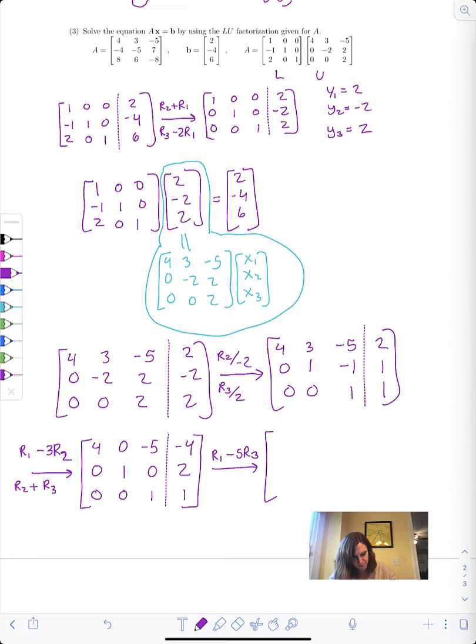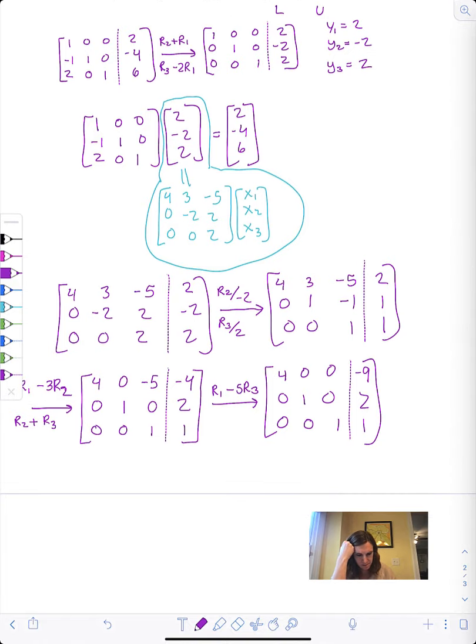And so let's go ahead and write down row, oops. Okay, so rows 2 and 3 are set. So now we do row 1 minus 5 row 3. So we have negative 4 minus 5 is going to give us a negative 9.